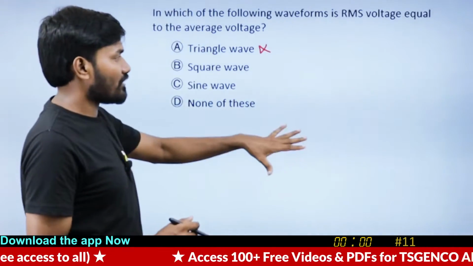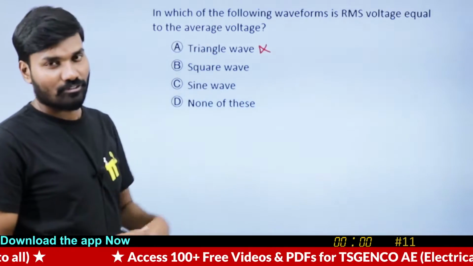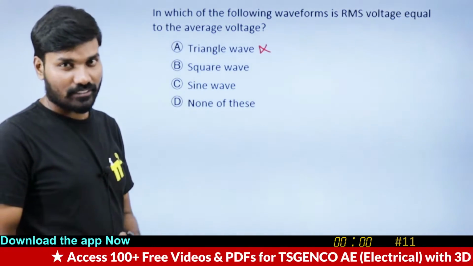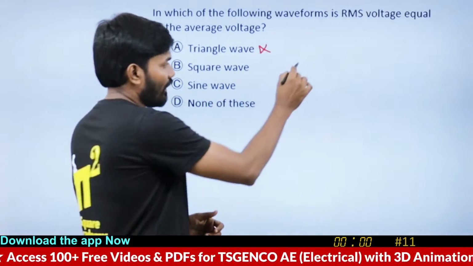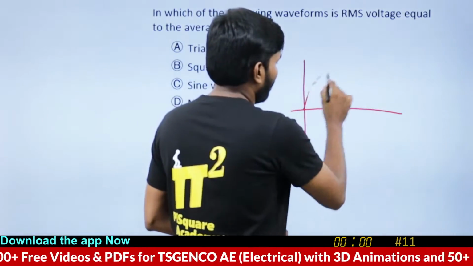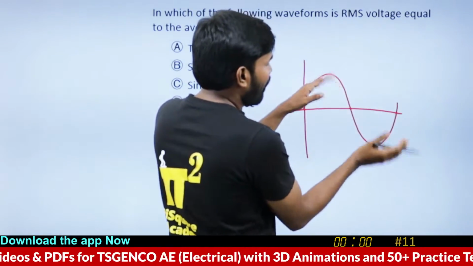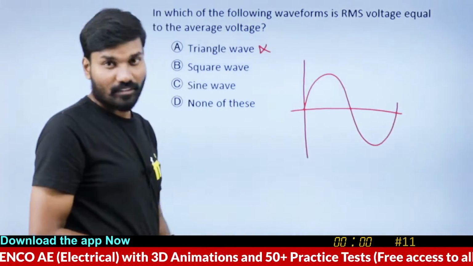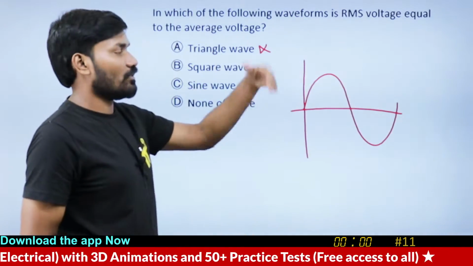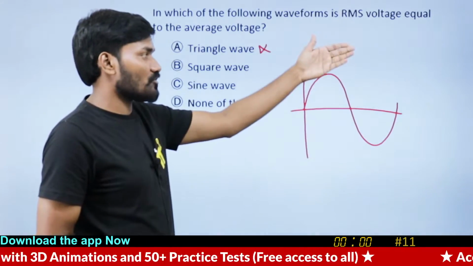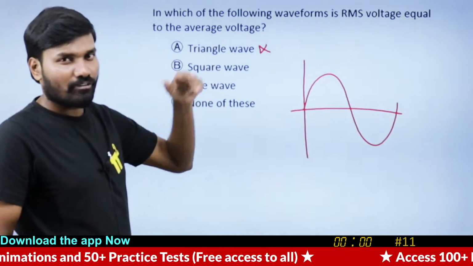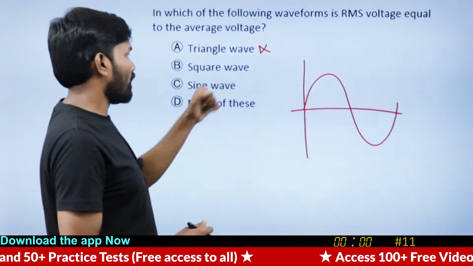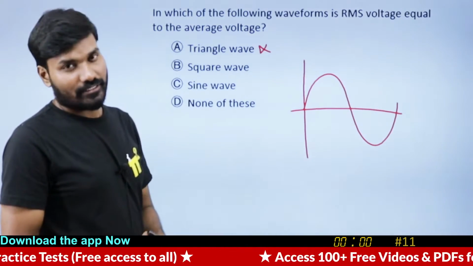Means a negative value, if it is there, you should understand the sense of the question. When you have a sine wave, you should take magnitude only, on the positive side. Triangle also you should take on the positive side. Means full wave rectified sine wave, full wave rectified square wave. That you should take.